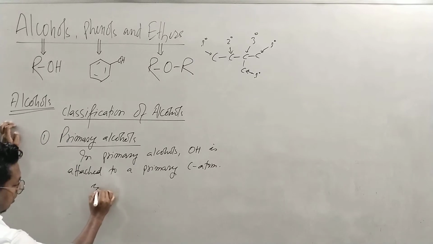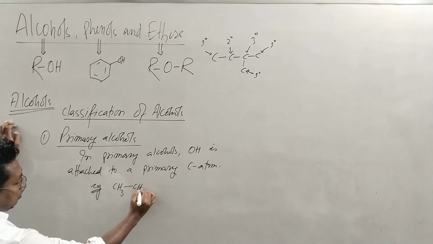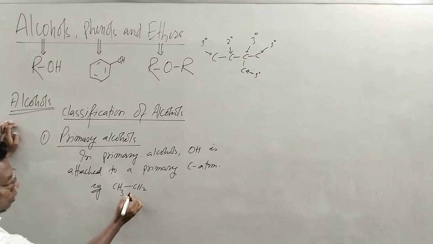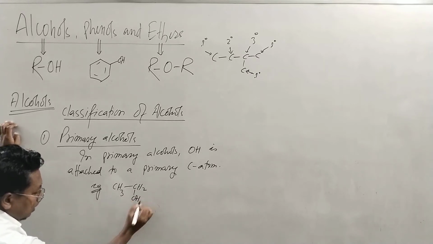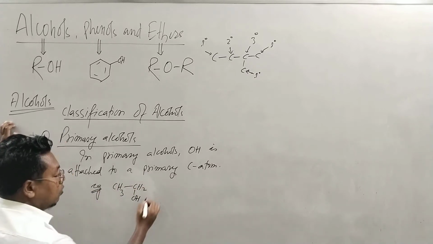So let us give some examples. Suppose this is a carbon chain containing 2 carbon atoms, and these 2 carbon atoms are primary carbon atoms. So if OH is attached here, then this is an example of primary alcohol.